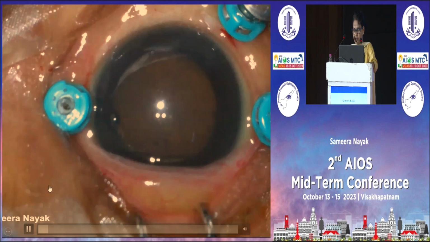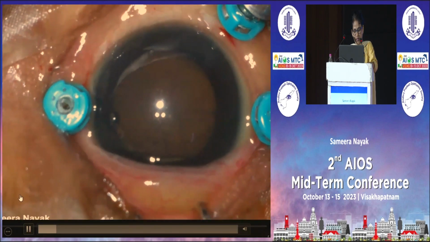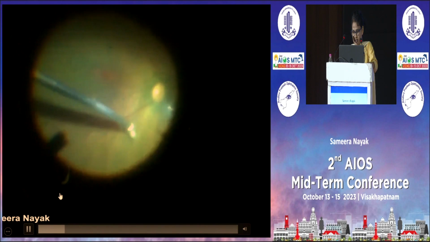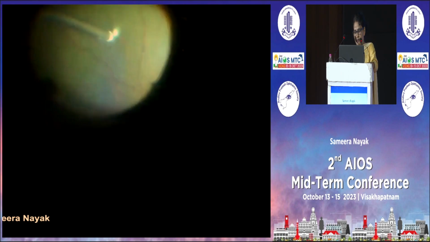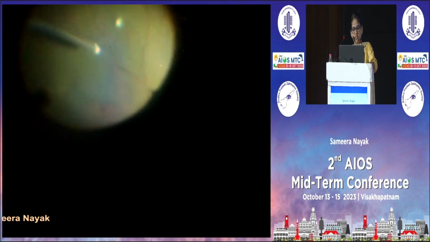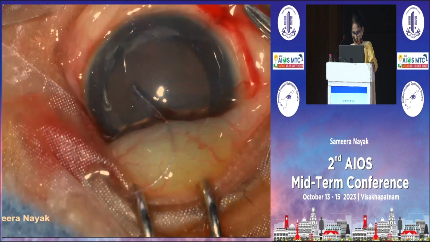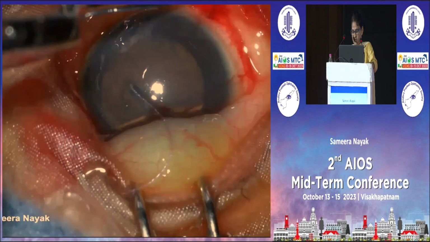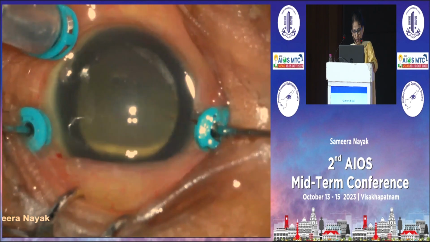So this was a 25-gauge trocar cannula system, and the right eye was operated. It was not a pars plana vitrectomy, it was a vitreous biopsy because the affection was very localized and minimal.